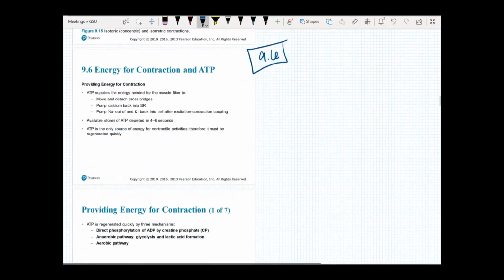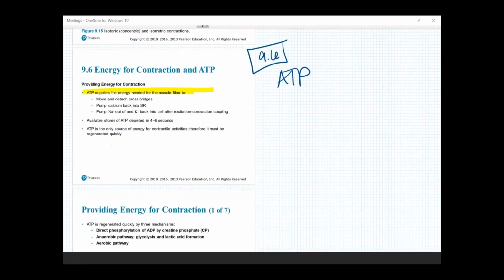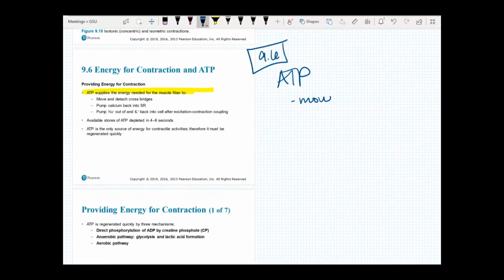So energy, we need ATP. We already talked about it in one place, but here is how we use our ATP. We need ATP to move and detach our cross bridges. We know we need this because if we don't have ATP, we don't have cross bridge cycling.